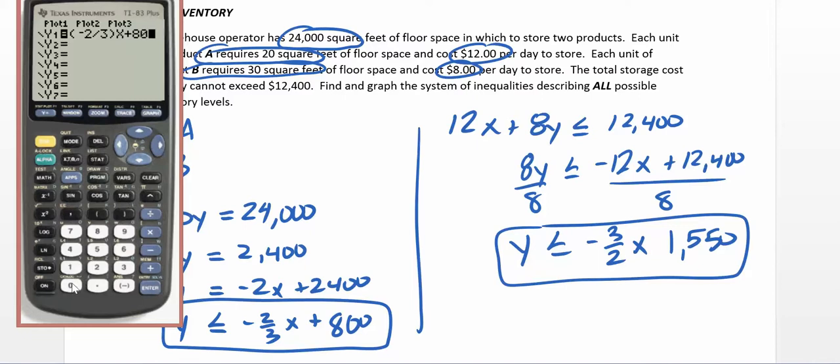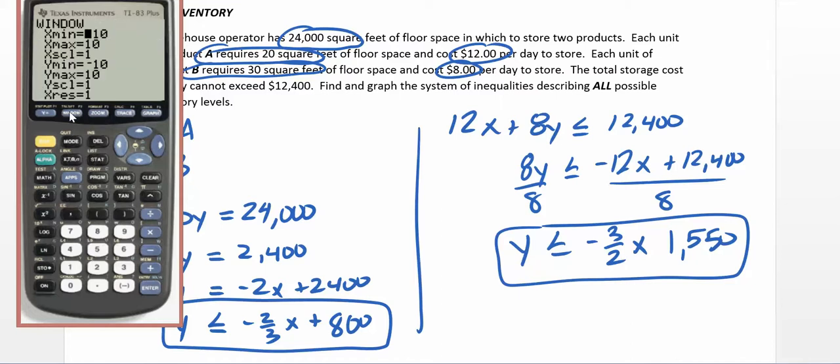And then I'll do negative 3/2 x, and then plus 1,550. I also have to say that A and B are both greater than 0 in this case.